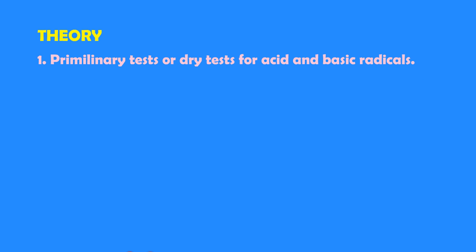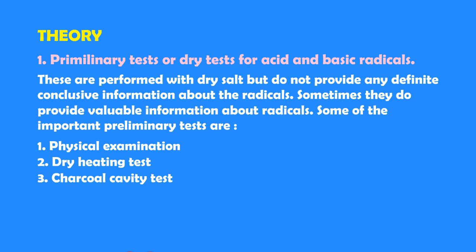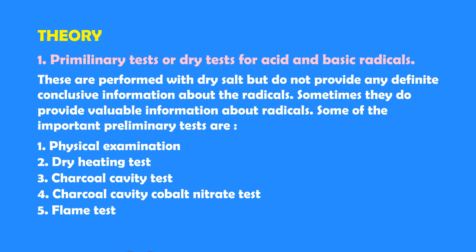Preliminary tests are performed with dry salt but do not provide any definite, conclusive information about the radicals. Sometimes they do provide valuable information. Some important preliminary tests are physical examination, dry heating test, charcoal cavity test, charcoal cavity cobalt nitrate test, flame test, borax bead test.